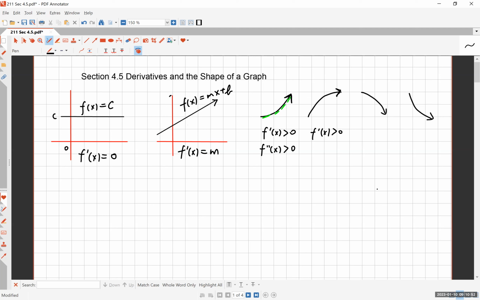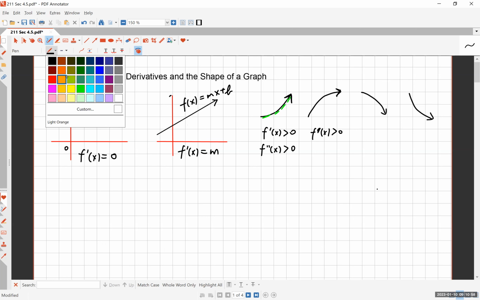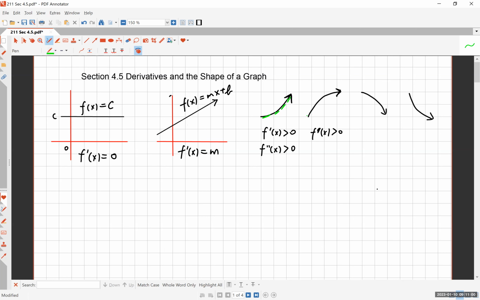Over here, the function is increasing, which means the derivative must be positive. But if you look carefully at these points again, the derivative started out with a pretty high number and then starts to get less and less and gets closer to 0, right? So you can see that the second derivative is actually less than 0. And if you look carefully, imagine yourself driving a car as you go this way, right?